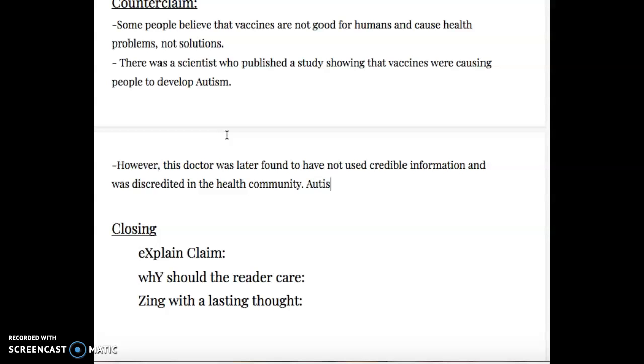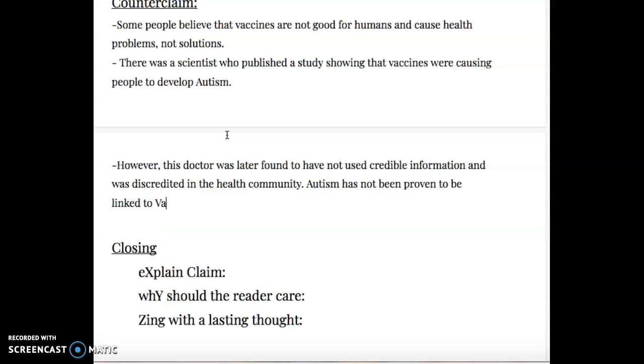Autism has not been proven to be linked to vaccines. So again, this is just coming back against the counterclaim. This is called the rebuttal.